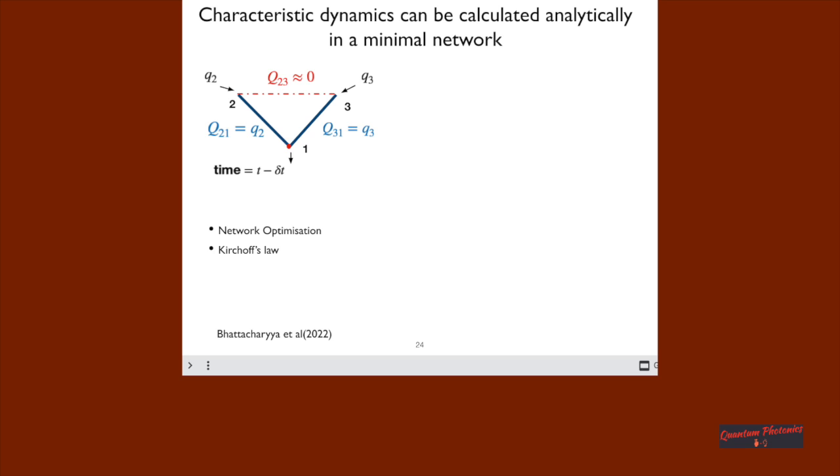Now if we consider that the link between node 2 and 3 is very small, then all the fluid going into node 2 and node 3 will go directly to the sink at node 1, and there will be no flow through the link between 2 and 3. And this is at a certain time point.